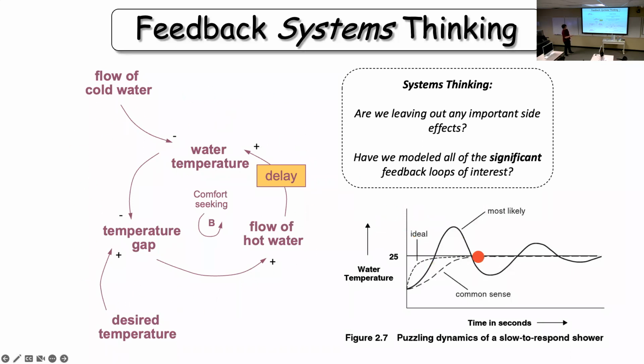And so when we look at this, we think, well, as long as we maybe adjust the delay, then we can maybe make sure all of our hotel occupants get close to the ideal. But we have to ask ourselves, from the feedback systems approach, are we including all of the variables?